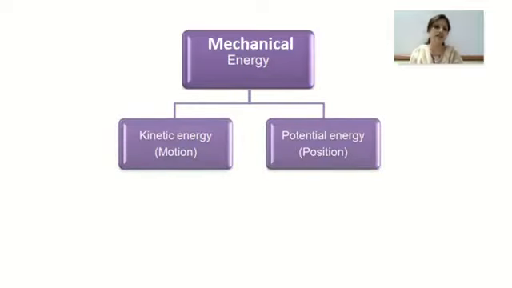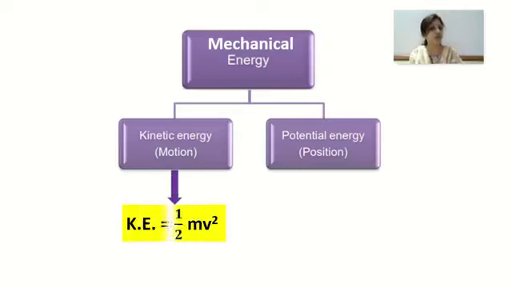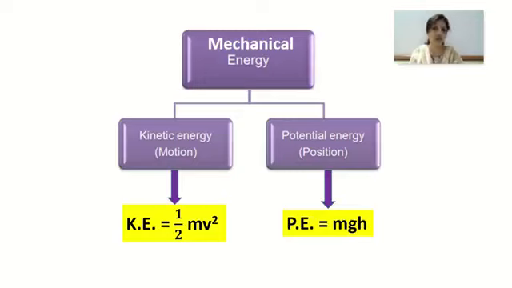We have derived the expression for kinetic energy as half m v square, whereas potential energy is given by the formula potential energy is equal to m g h, where h is the height at which the object is placed, g is acceleration due to gravity, and m is the mass of the object.